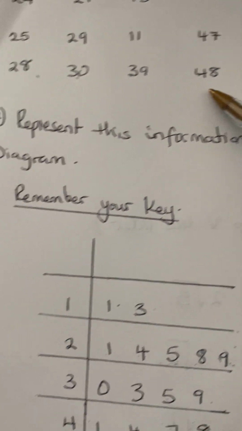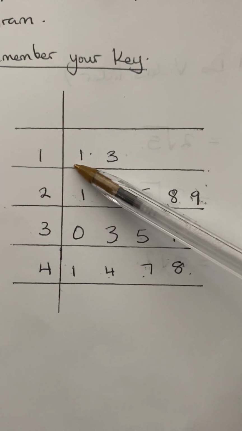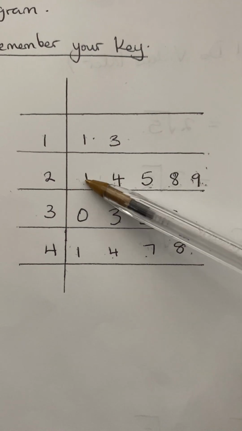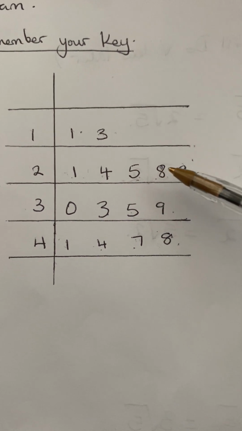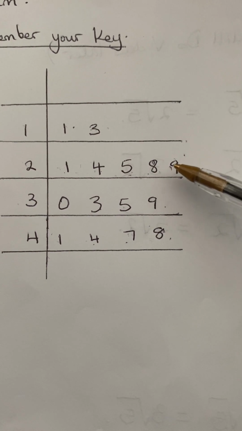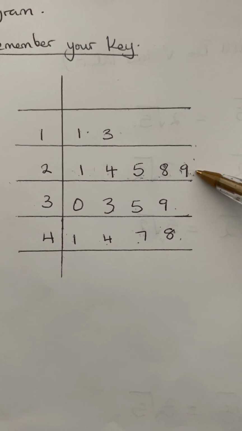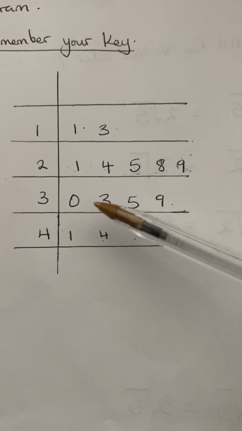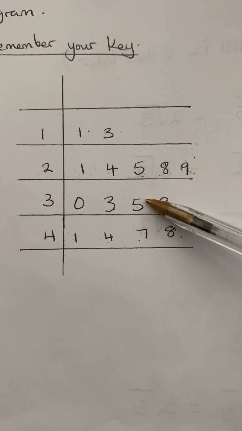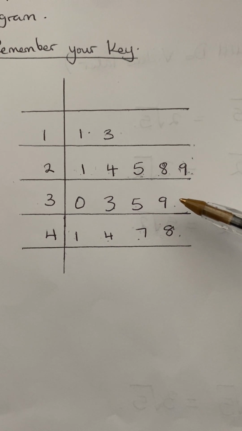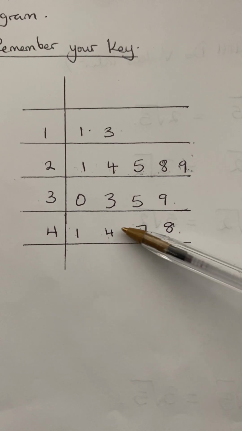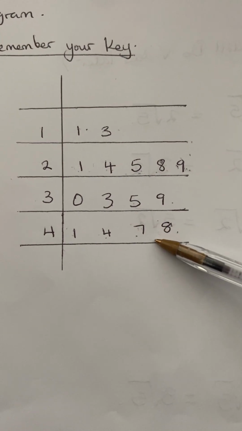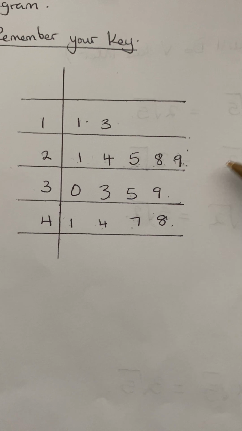So I have 11, 13, 21, 24, 25, 28, 29, 30, 33, 35, 39, 41, 44, 47, and 48.